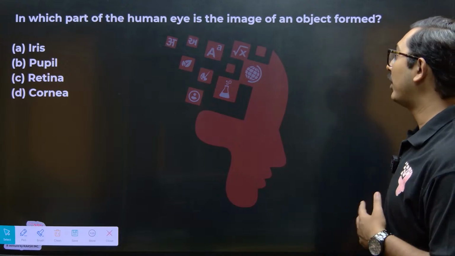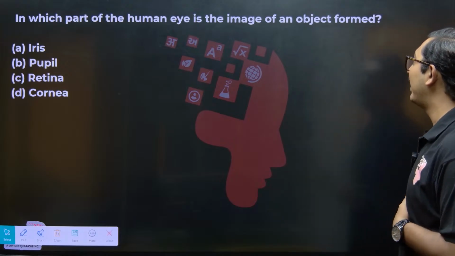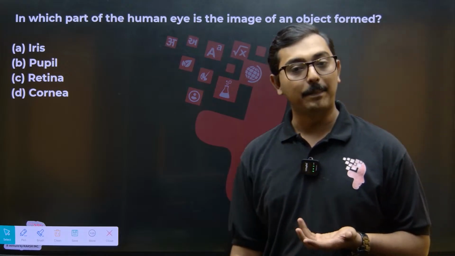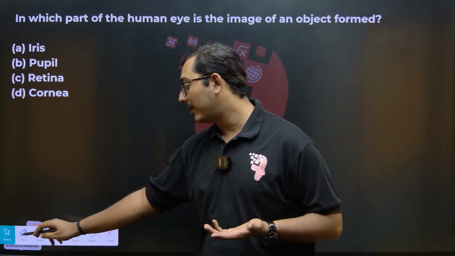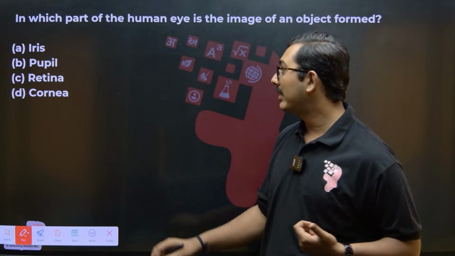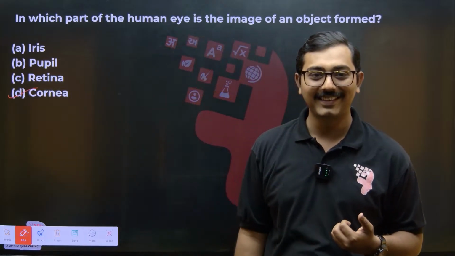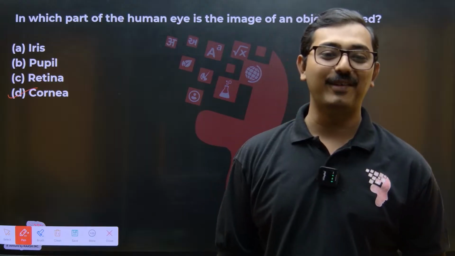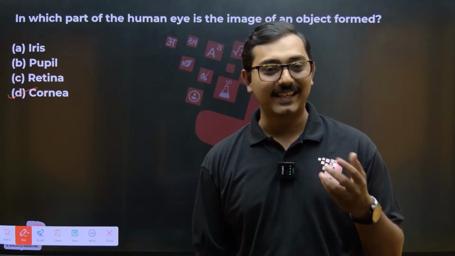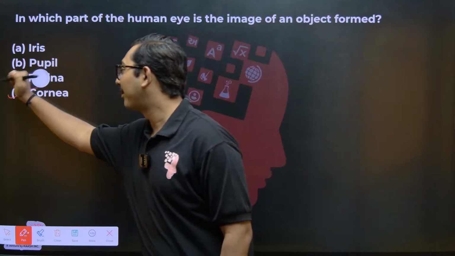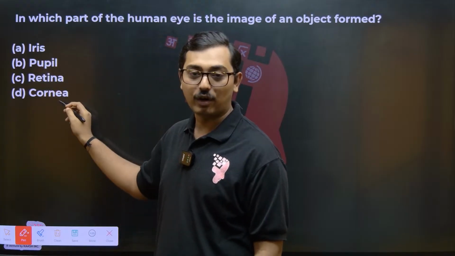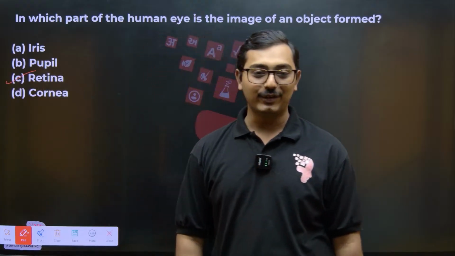In which part of the human eye is the image of an object formed? This was a very simple question. Obviously, it is formed on the cornea. No, it is not the cornea. It is on the retina.